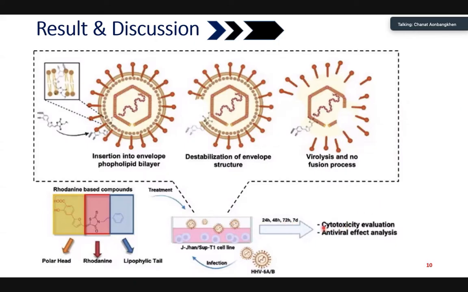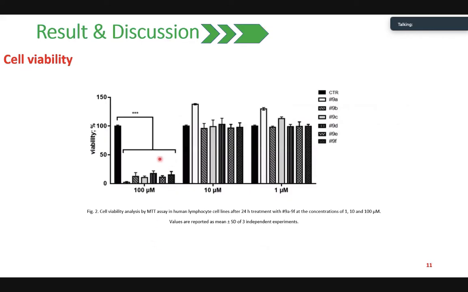The cytotoxicity evaluation was carried out, and the antiviral effect analysis was also done. The cytotoxicity of the compound is assessed through MTT assay to check the cell viability at different concentrations.